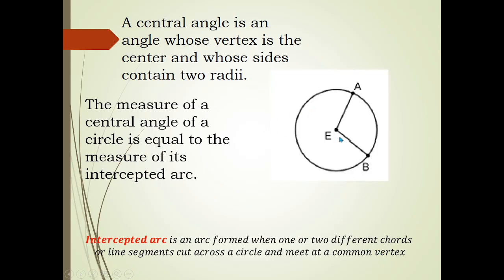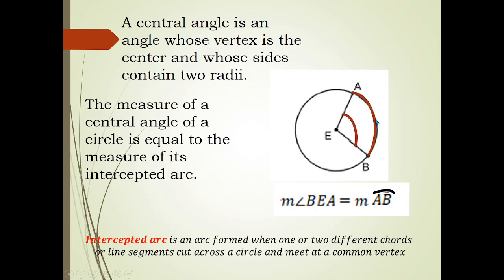So in this figure, we have two different chords or line segments that meet at a common vertex, which is point E. So this is an angle with its intercepted arc. It says that the measure of angle BEA is equal to the measure of arc AB.